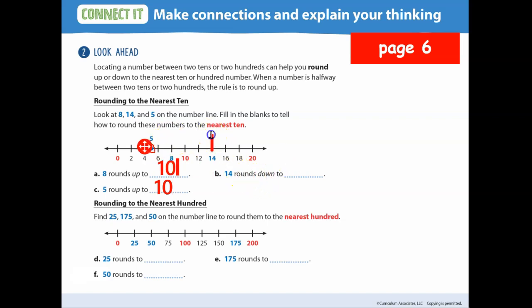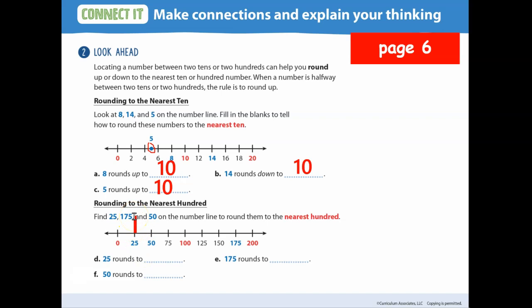And then here's 14. 14 rounds down to 10 because here's halfway. 14 is actually closest to 10. It says round to the nearest hundreds. Okay, we have 25, 175, and 50 on the number line. All right, so let's look at 25. Here's 25 right here.